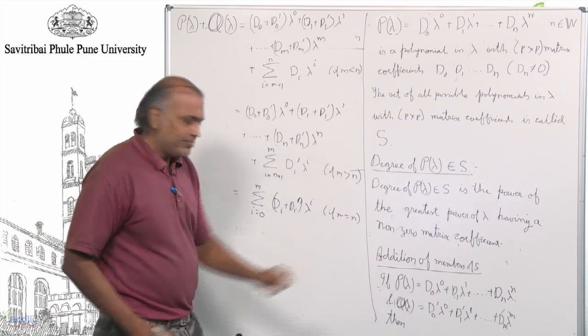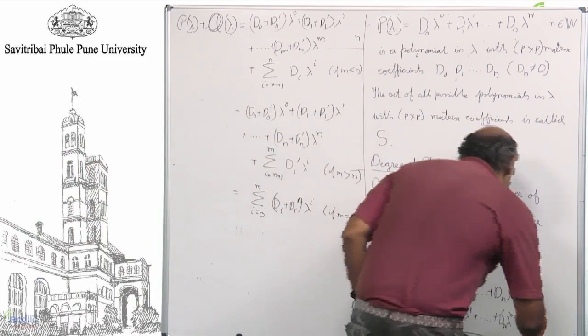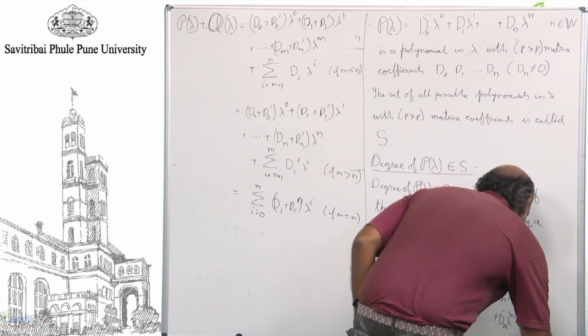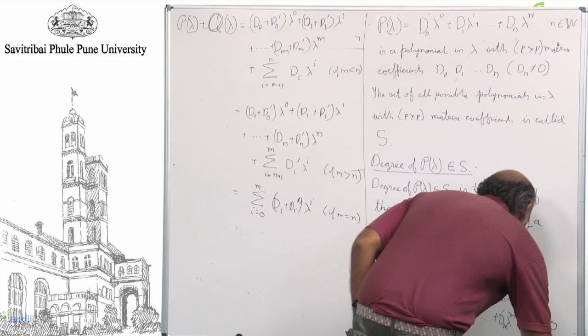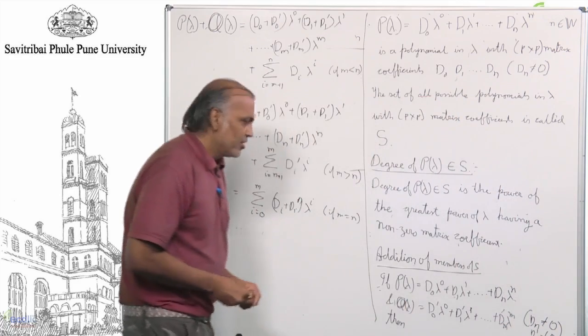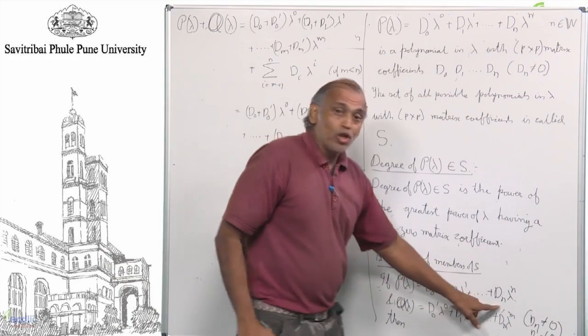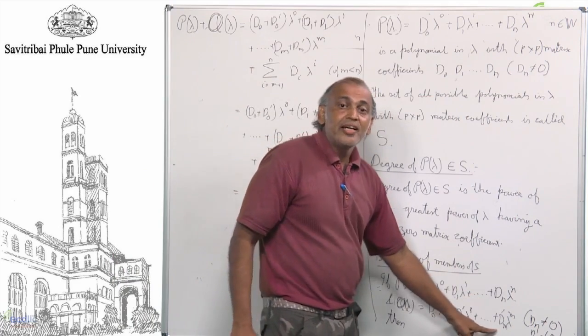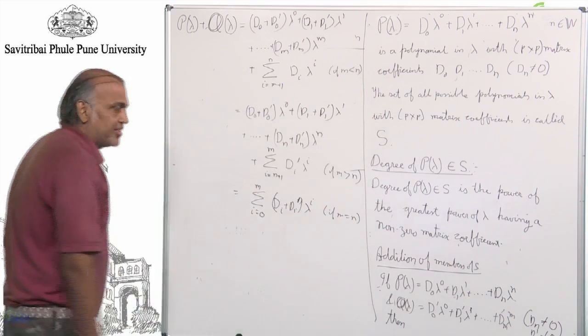I forgot to mention here that when I say these polynomials, we must note that dn is not equal to the null matrix and dm dash is not equal to the null matrix. So this is a polynomial of degree n and this is a polynomial of degree m. I should have mentioned that there.